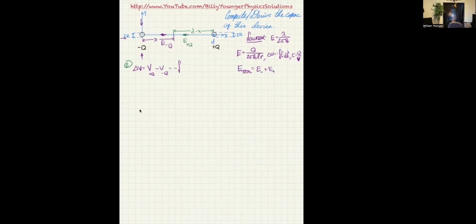So for the negative case, we're going to get Q over 2 pi epsilon naught L. That's going to be true for both of them, so I'm just going to factor that out. And for the negative charge, the distance will be x, so I'm going to write it as 1 over x. And for the positive charge, the distance is going to be d minus x, so I'm going to write 1 over d minus x there.